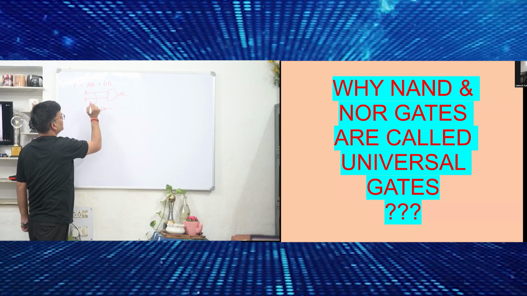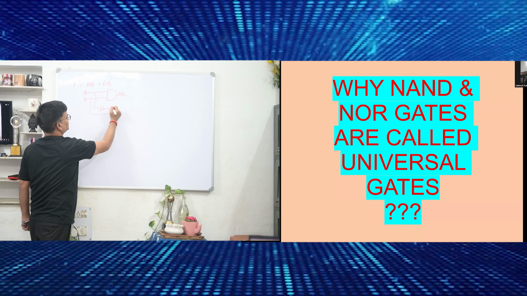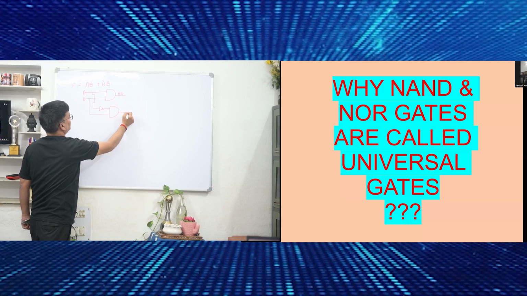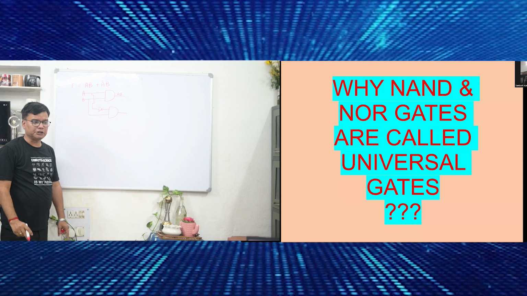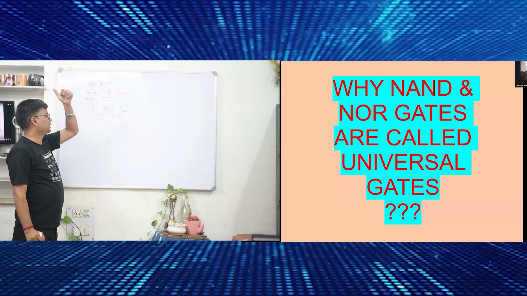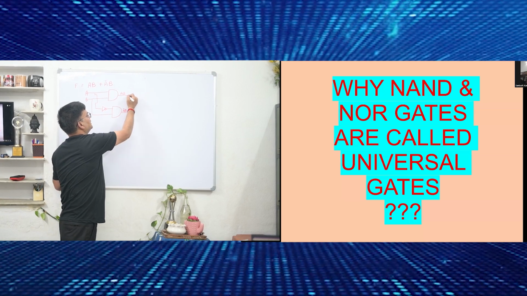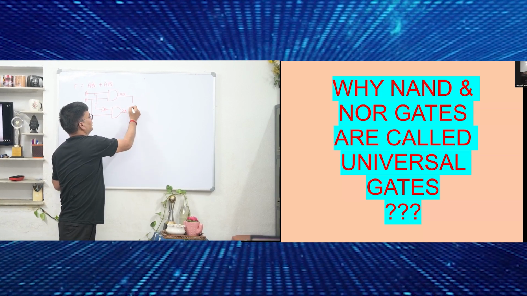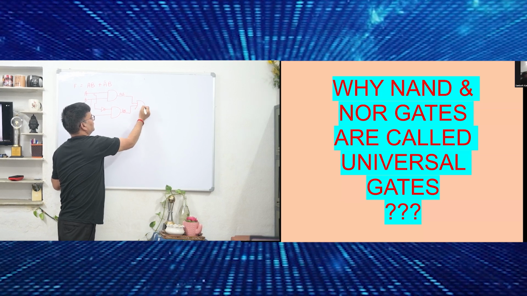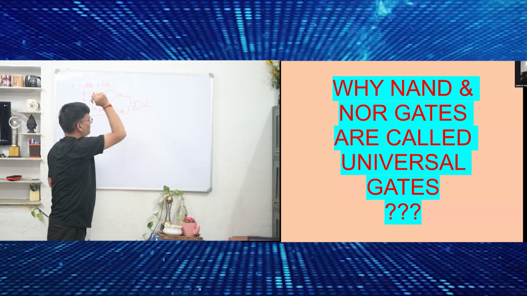This is A bar and I take this B. I draw the logic circuit for A bar B. Now this plus, what does it denote? It denotes that there has to be an OR gate. Now I'll take these two inputs, this is A bar B, I'll pass it through an OR gate and I get this final output. This is F.